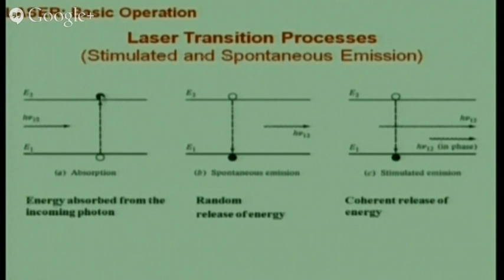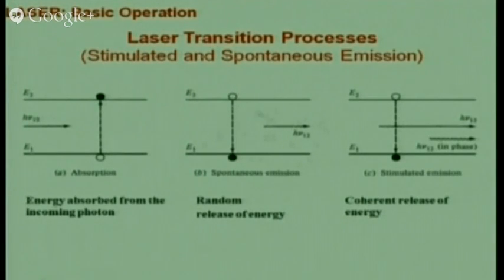Another phenomenon: once this higher energy electron is available in the conduction band, it decays back, based on the holding rate of that conduction band. It decays in its own time. So during decay, it emits the energy. That is what is called spontaneous emission.